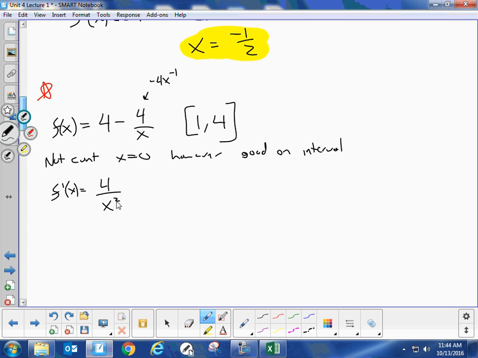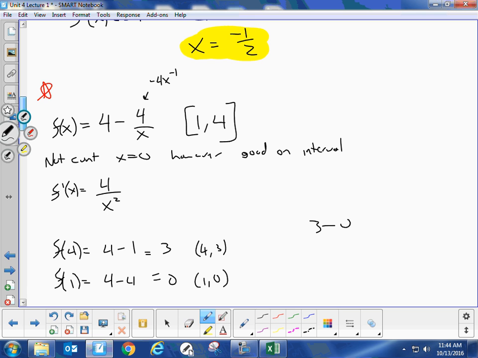I have my derivative. I then find the secant slope. I have the point (4, 3) and I have the point (1, 0). I again get 1.